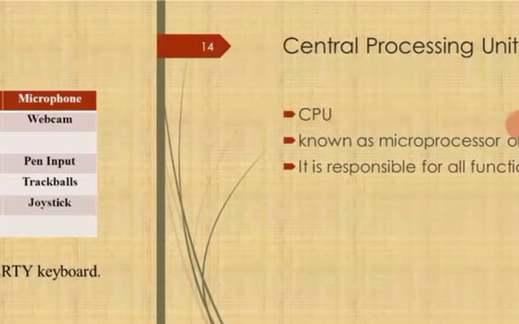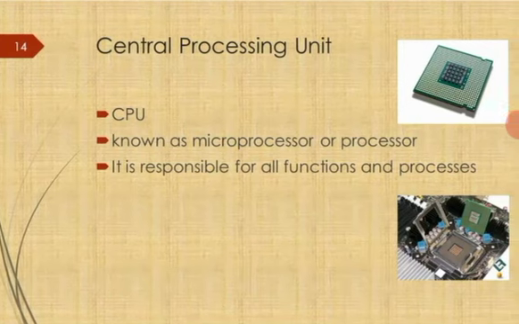Now let's talk about the central processing unit, which I consider the heart of the computer. The central processing unit is the CPU. It is known as the microprocessor or processor. It is responsible for all functions and processes in a computer.